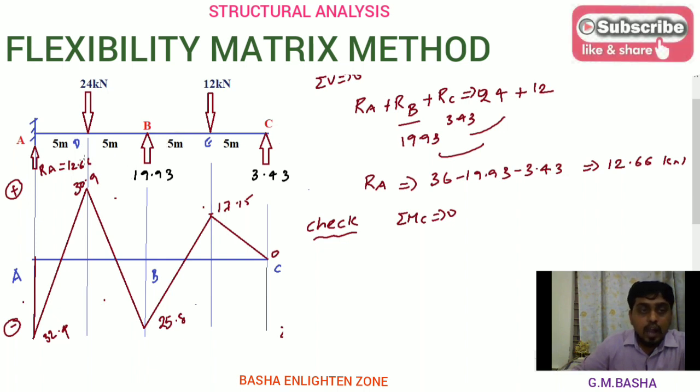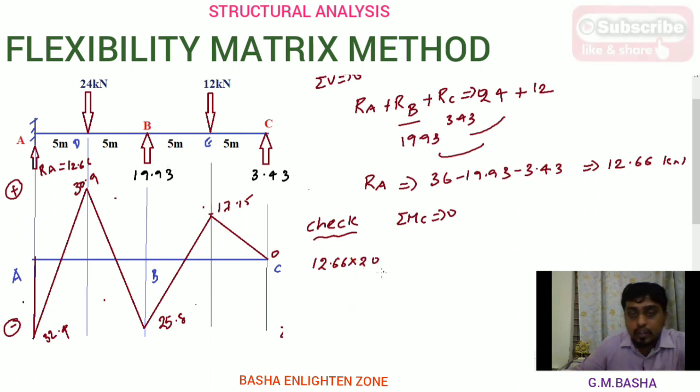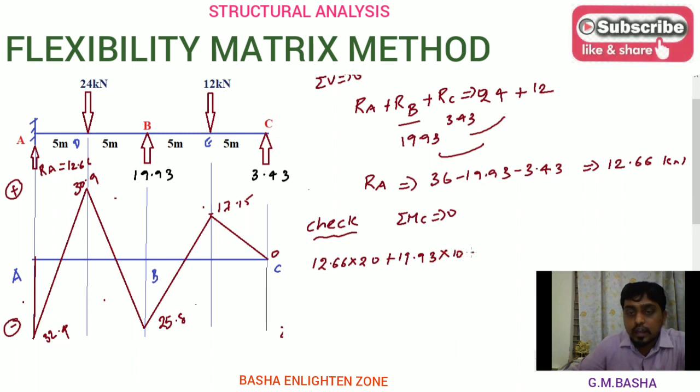Towards the RA into the distance means 12.66 into the distance will be 20. So that is 12.66 into 20. Again, what are the clockwise forces acting here? This one plus 19.93 into the distance which is 10. Again plus 3.43, so up to this force at that particular section will be 0, therefore no need to take down that value.